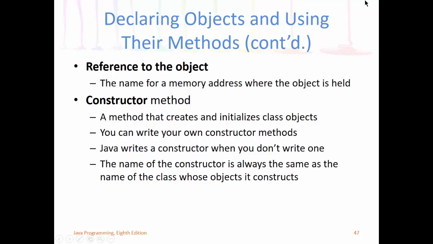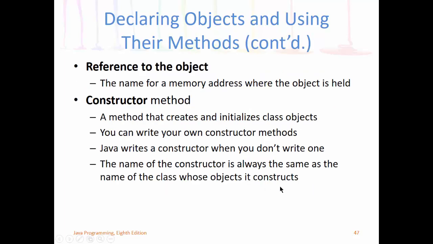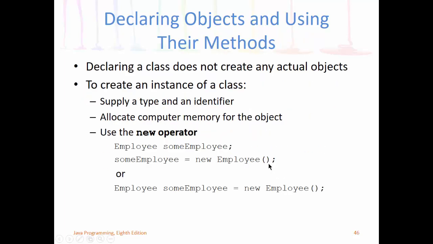So, all right. We have what we call the constructor method. And really, right here, you see that when we do method calls, they have parentheses that follow? So what we're doing here is actually running the constructor method, what we call the default constructor method.